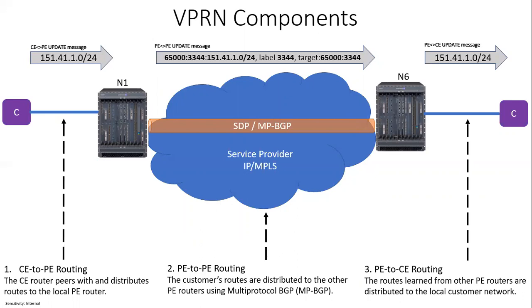So since we're using BGP4, we know that the prefixes are distributed in update messages. So we're just going to pretend that this gray arrow is our update message. This is the update message that's going from our customer edge router to our provider edge router. And it just contains the /24 prefix, our public /24.